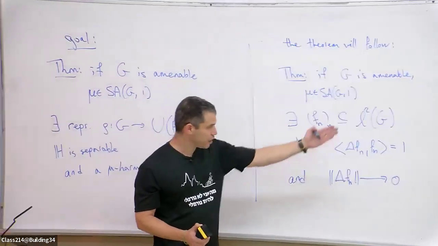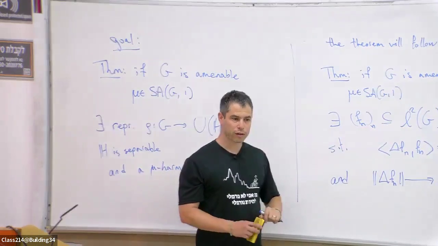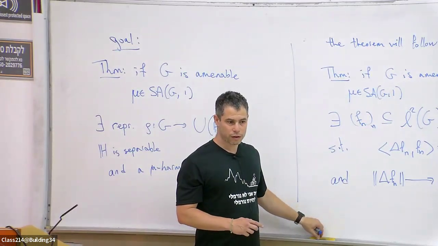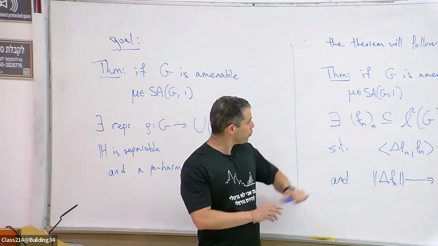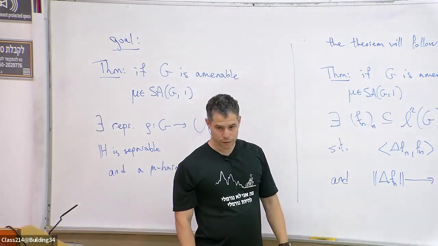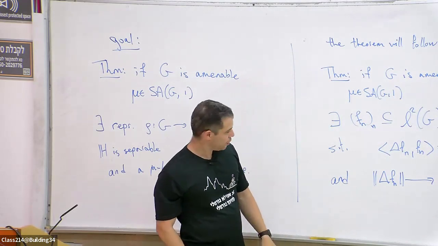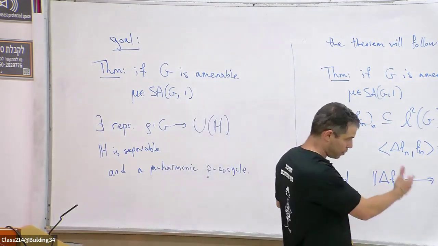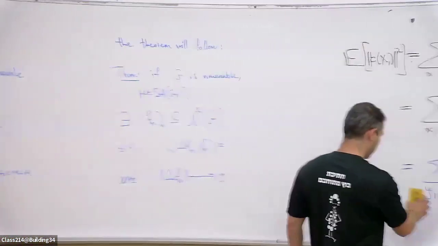If I find these, then I do the co-boundary trick. So this is what we just showed. We proved that this theorem implies this theorem. So now the goal is to find such functions in the amenable case.